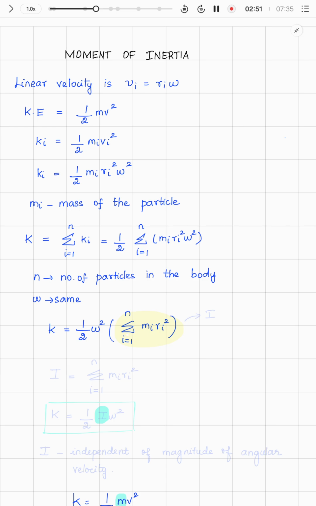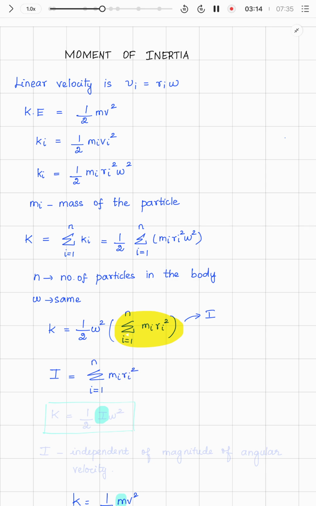So this new parameter is called the moment of inertia I. So we can write this equation as the value of I is summation i is equal to 1 to n mi Ri square.